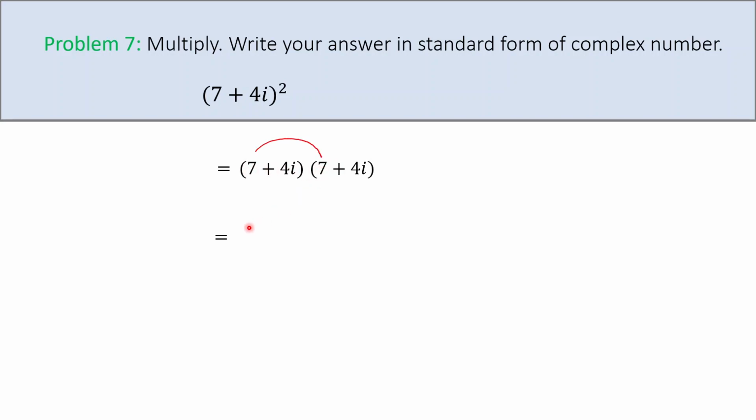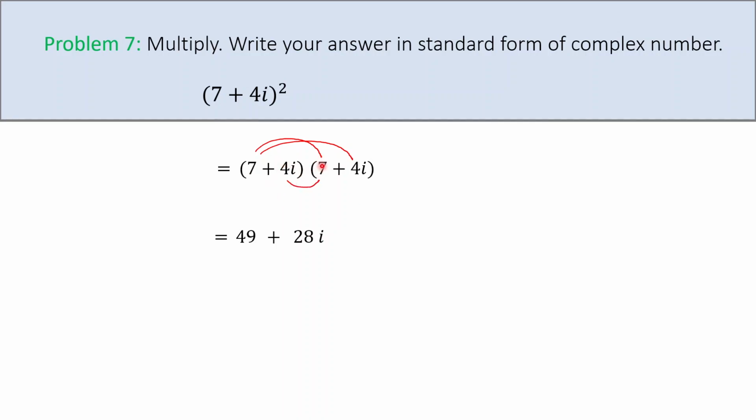7 times 7, 49. Now this and this. 7 times 4, positive 7, positive 4, is positive 28 times i. Now this and this.